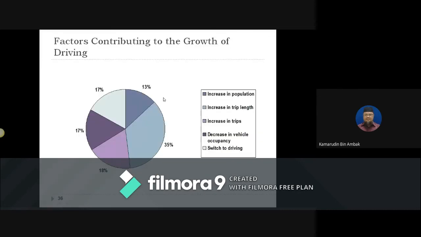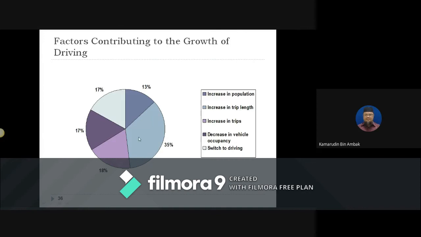Okay. Next, factors contributing to the growth of driving. You see from this chart, the majority, 30%, is due to the increase of street length.